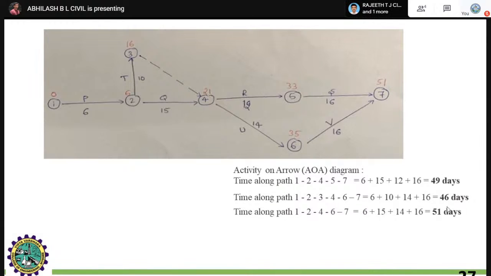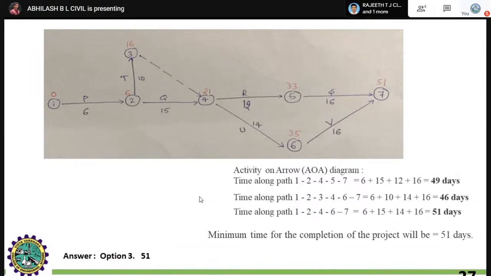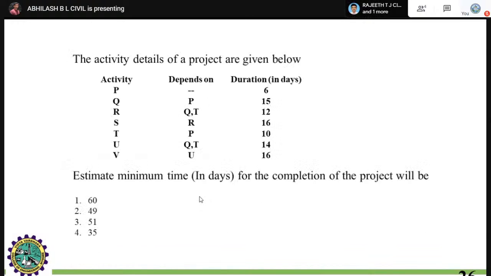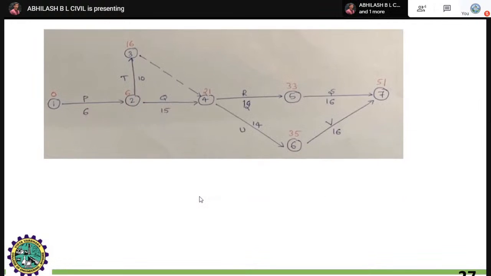Here you have to consider the highest number of days in order to get the early finish time of your project. Hence the minimum time for the completion of the project will be 51 days. Hence option 3, 51 days, is your answer.